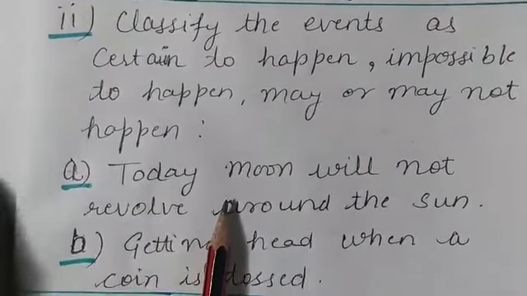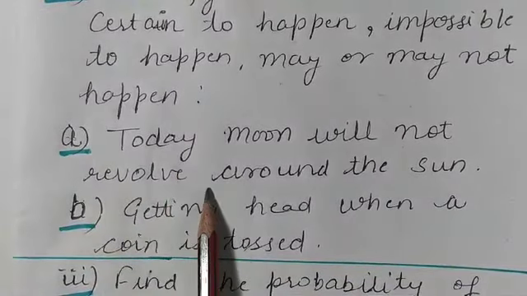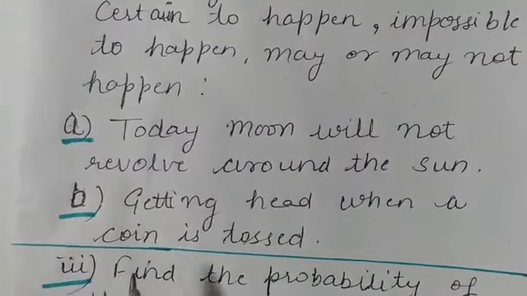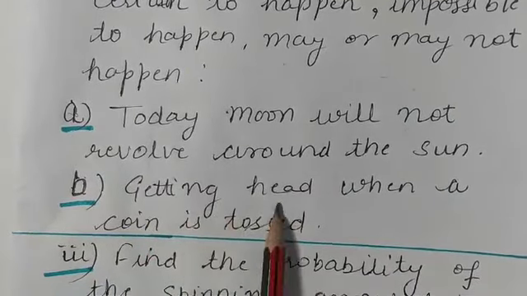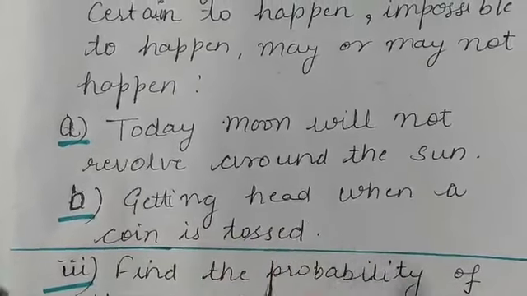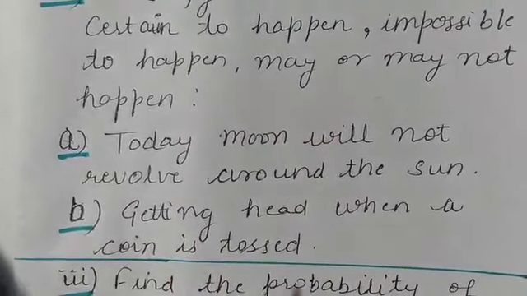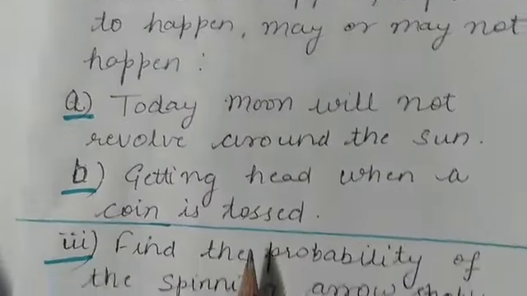So we have two parts in this question. A is today moon will not revolve around the sun. B part we are having is getting head when a coin is tossed. In this you have to classify the events as certain to happen, impossible to happen, and may or may not happen.